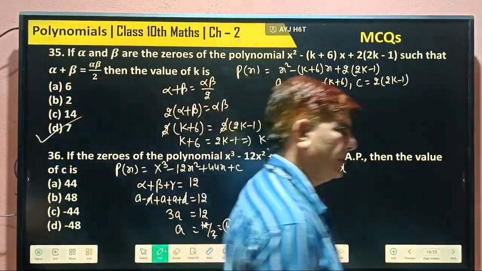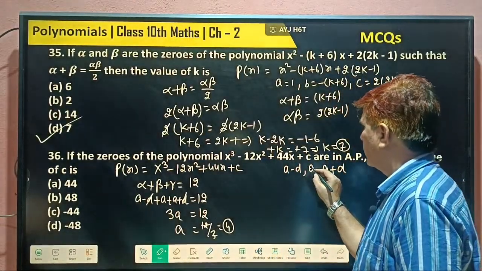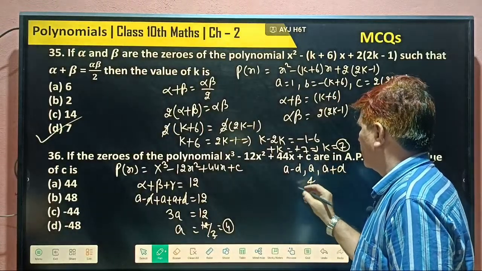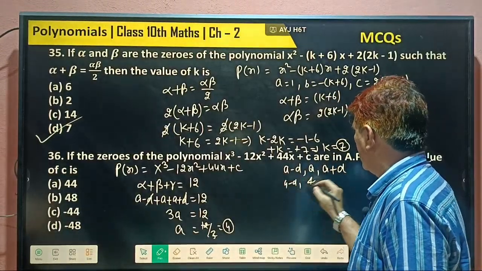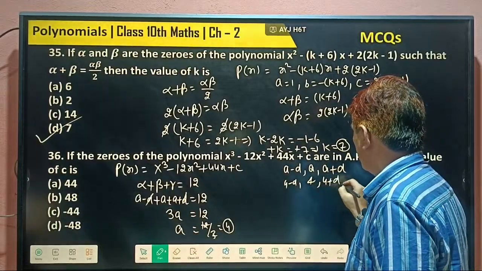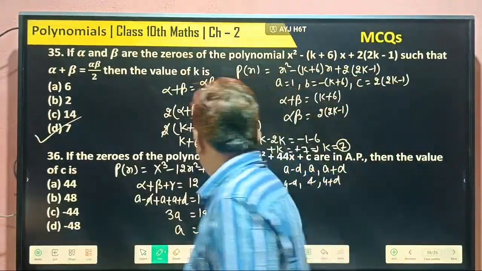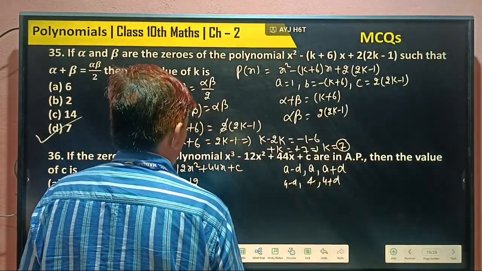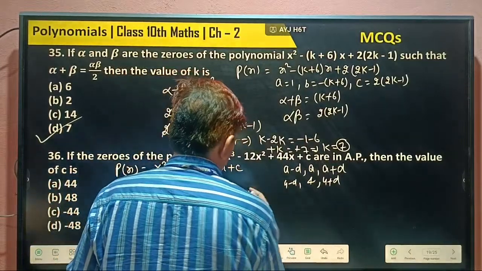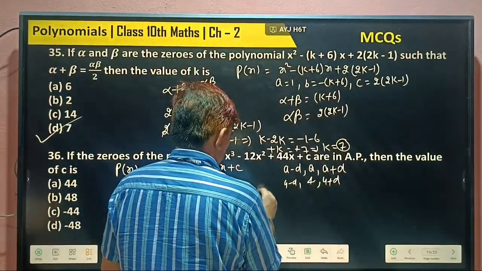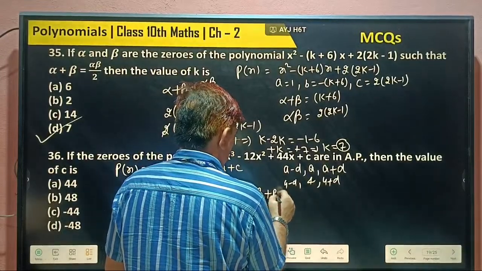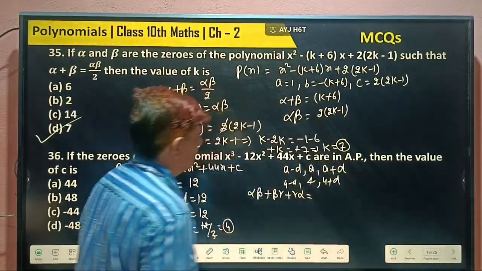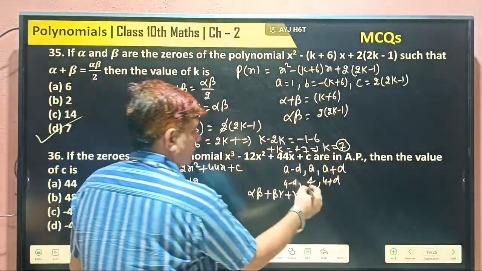So what we can say, this is 4. So a equal to 4, this is 4 minus d, and this is 4 plus d. What do we have to find out? Find out alpha beta plus beta gamma plus gamma alpha, which is equal to c by a, meaning this is equal to 44.